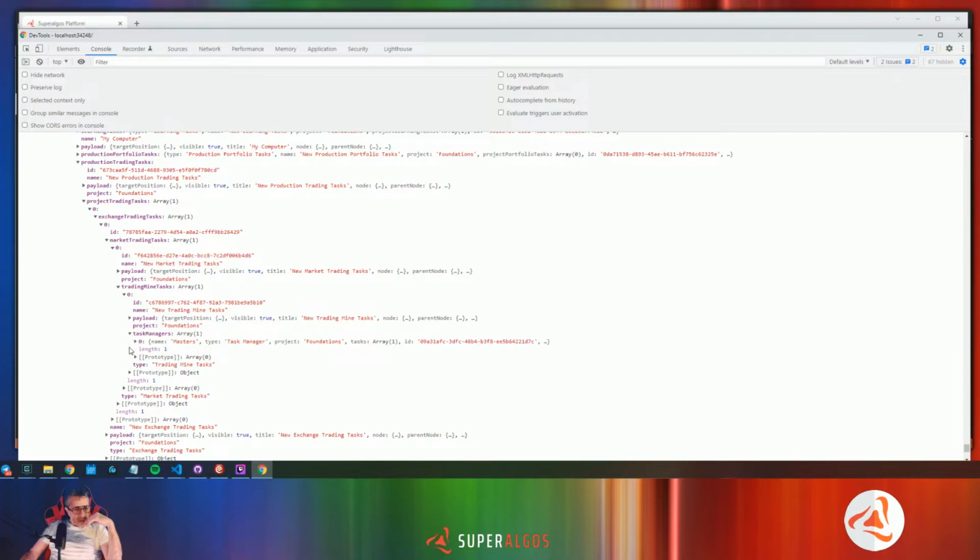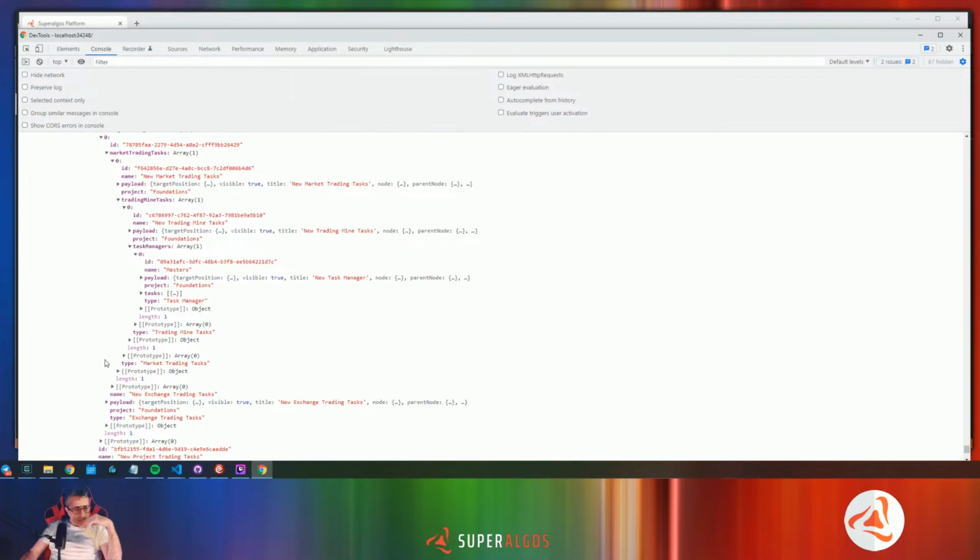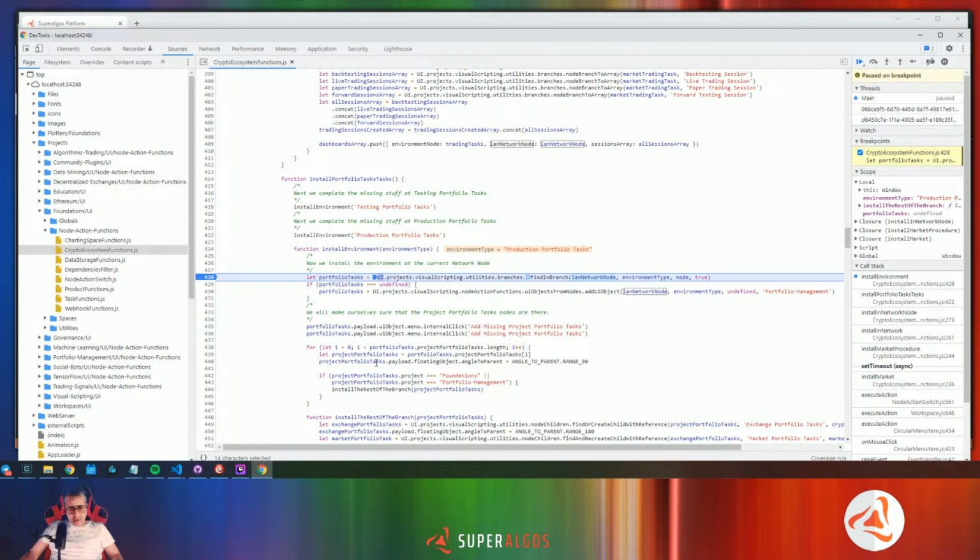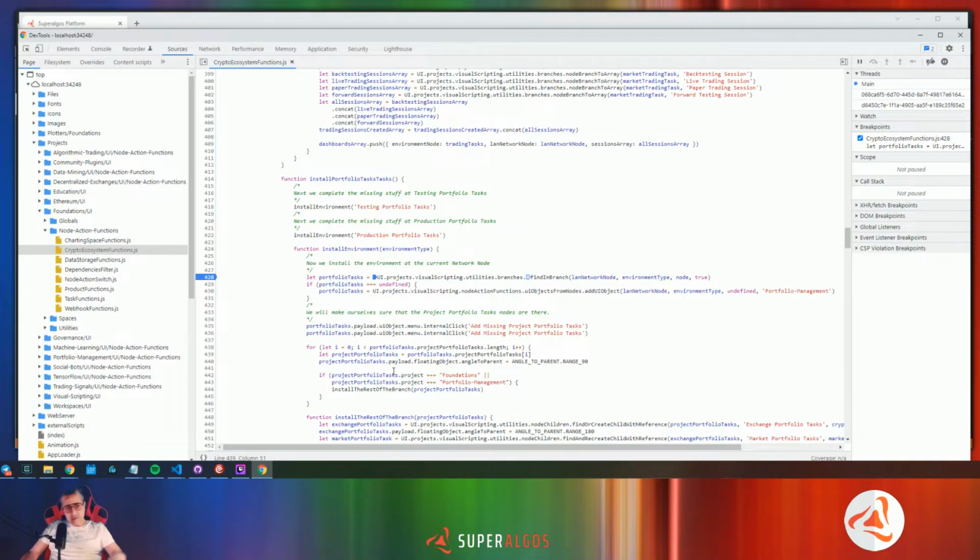Task manager. Okay, my question is, if you are installing this, why is it already creating? I don't understand. But whatever. Let it run.